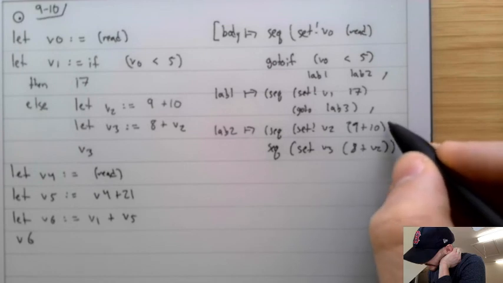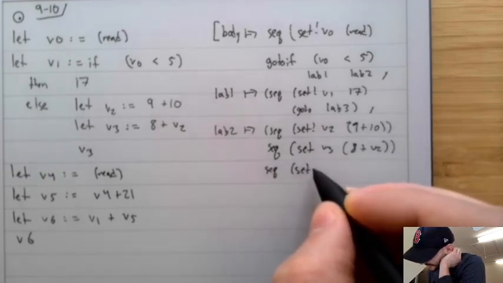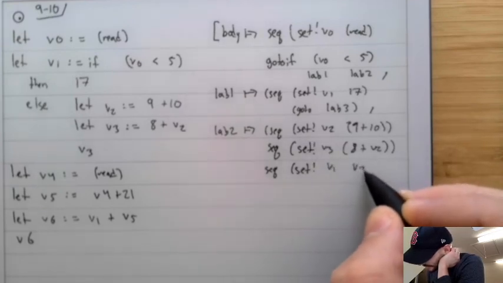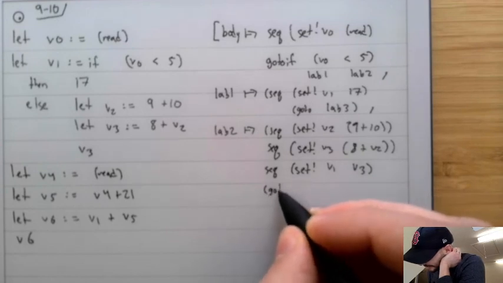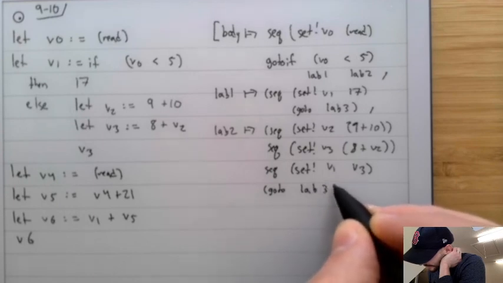Then a sequence of set v1 equal to v3, and then a goto of label 3.